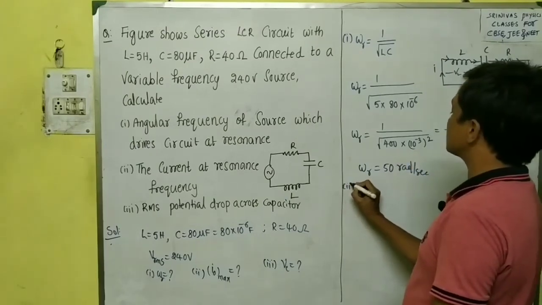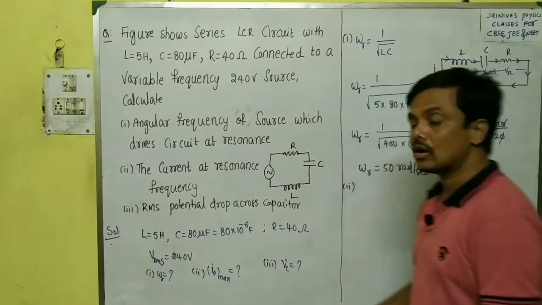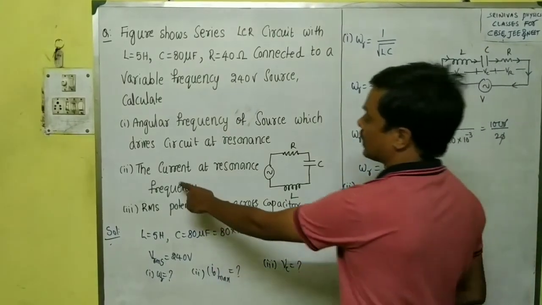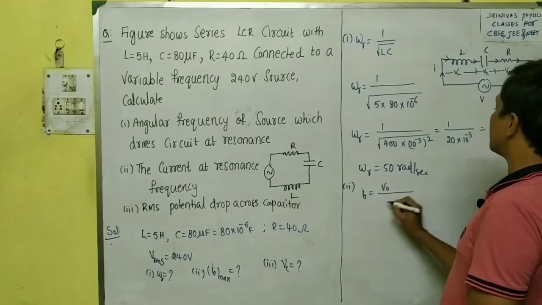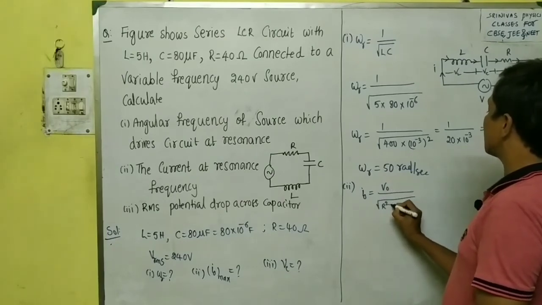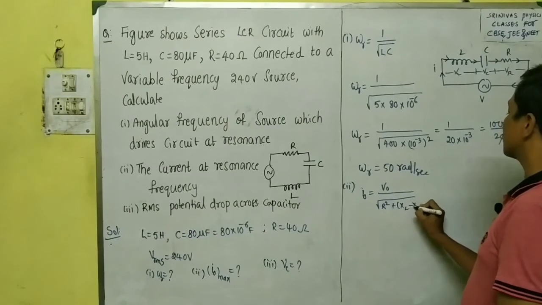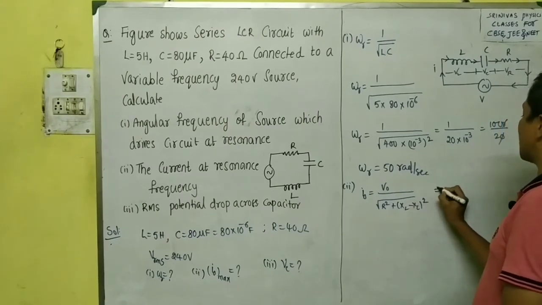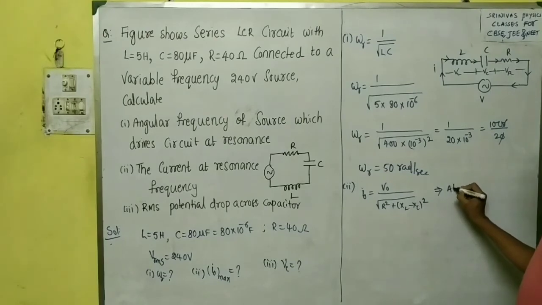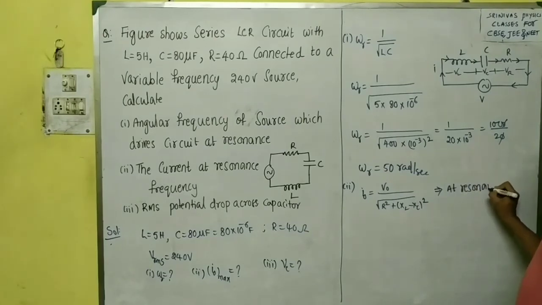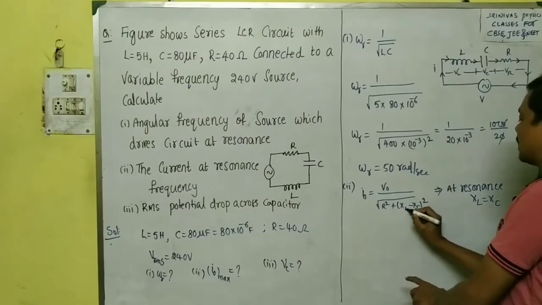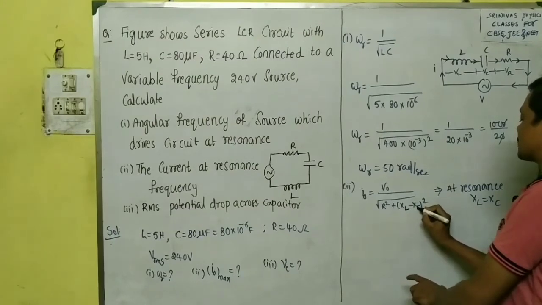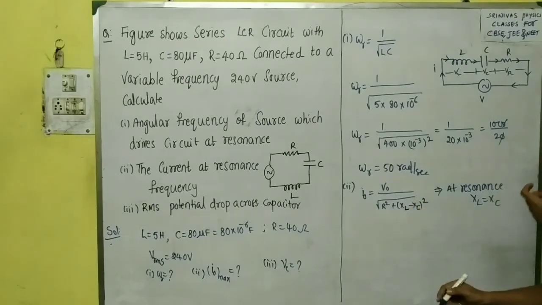The second question is to find the current at resonance. The general current formula is I naught equal to V naught by root of R squared plus (XL minus XC) whole squared. But at resonance, XL is equal to XC, so these two cancel with each other.